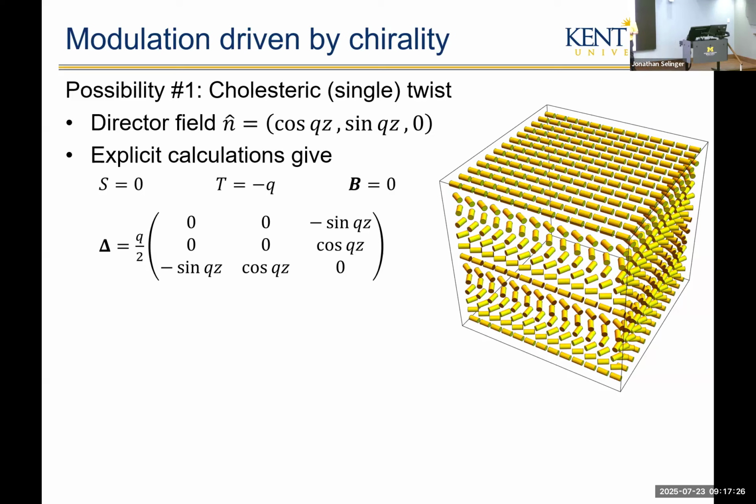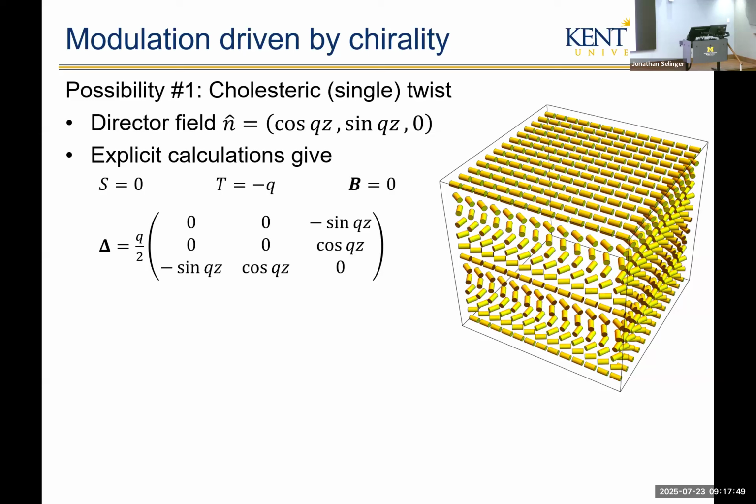So one possibility for what the liquid crystal can do, the most common possibility, is to make a cholesteric phase. So that's a phase with a structure like this, where the director field has a variation that goes around in a helix as a function of one coordinate, like that. Okay, and so the mathematical expression for the director field is like this.